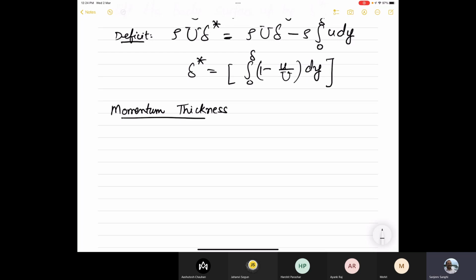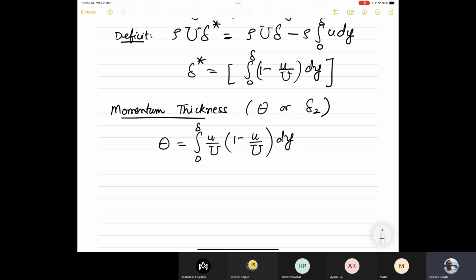We also define a second thickness called momentum thickness. The symbol we use is either theta or delta 2. And theta is defined as the integral from 0 to delta of small u upon capital U into 1 minus small u upon capital U dy.